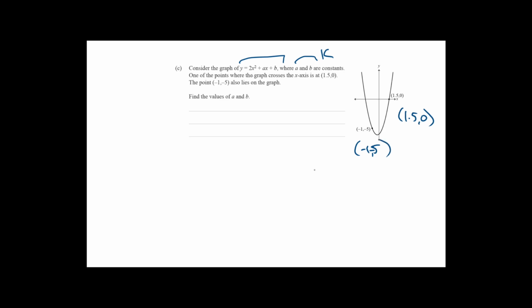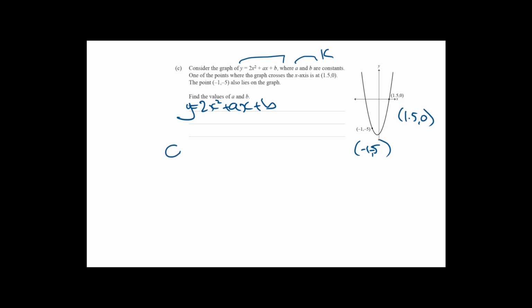Find the values of a and b. Okay, well, let's put them into our standard form of a parabola. I'm kind of umming and ahhing a little bit today. Plus ax plus b.